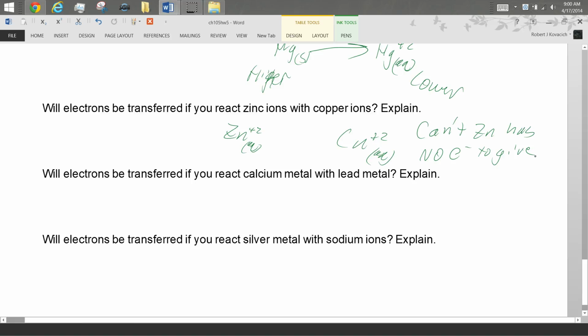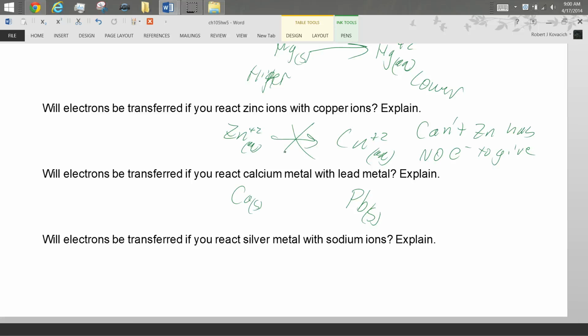Will electrons be transferred from calcium metal to lead metal? So this is calcium solid, and will it transfer it to lead solid? So calcium's higher on the list, so will it give its electrons to the lead? Calcium has electrons. Nope.